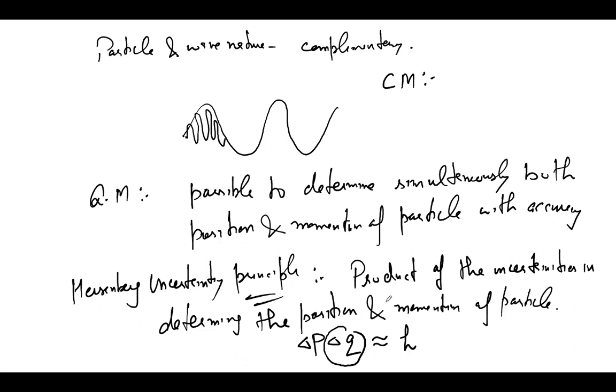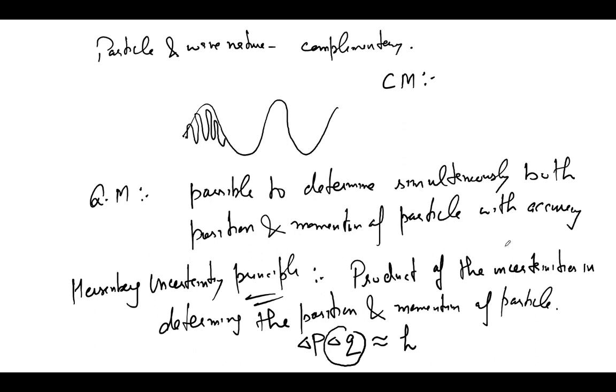So this relation is very important, and it is generally known as the Heisenberg uncertainty principle, which shows that it is impossible to determine simultaneously both position and momentum of a particle accurately.